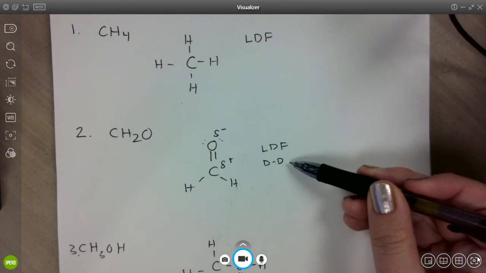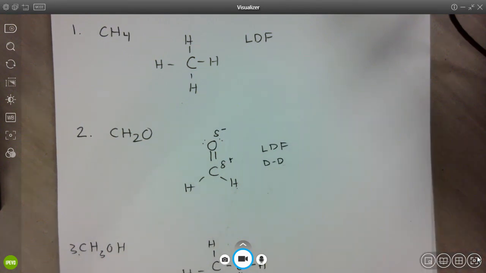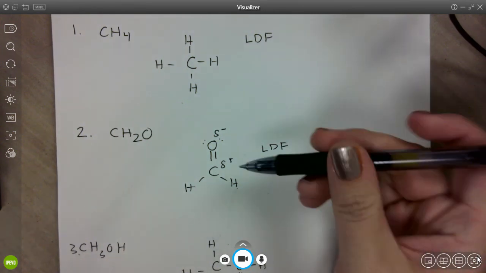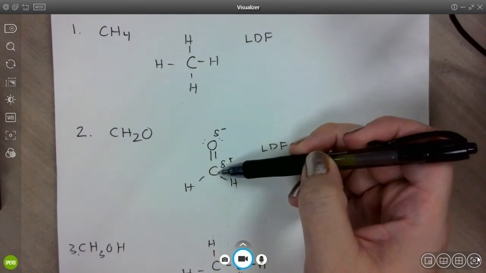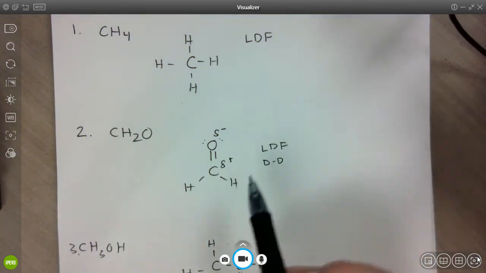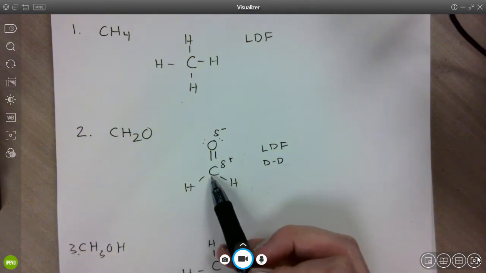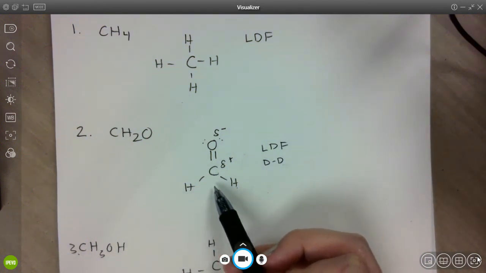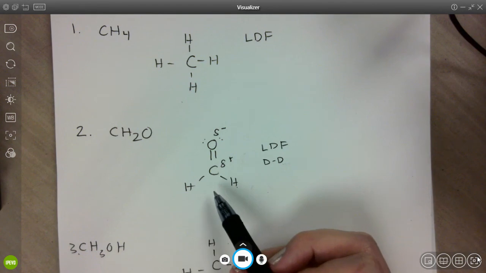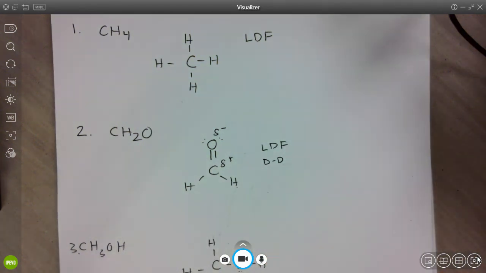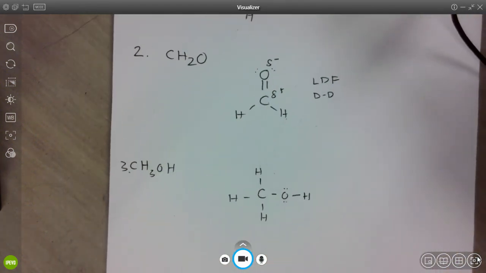The dipole to dipole force is stronger than the London dispersion force in this molecule. Next thing we need to do is check and see if it can hydrogen bond. This connection here, O to C, is not able to hydrogen bond. Because this is a C and not an N, an O, or an F, we cannot hydrogen bond here. So the only ones we have are London dispersion forces and dipole to dipole.